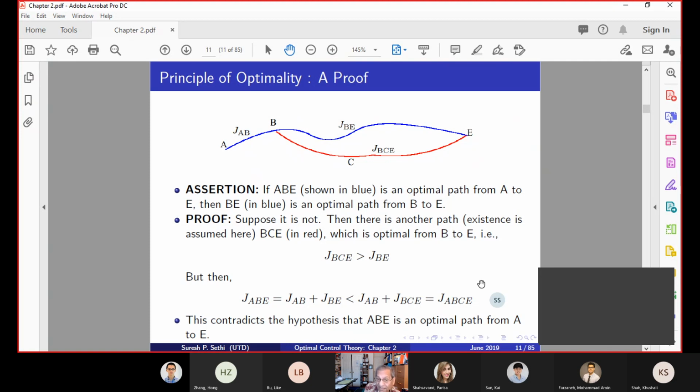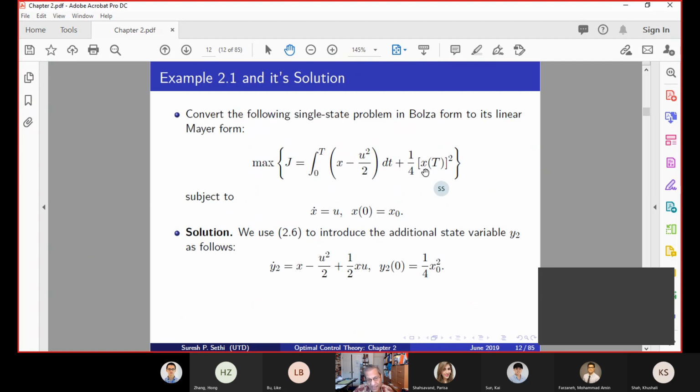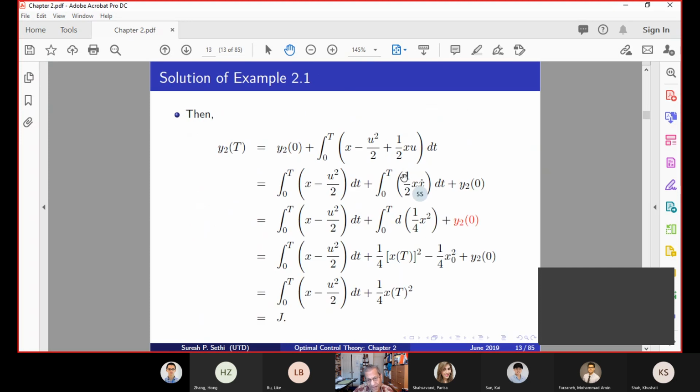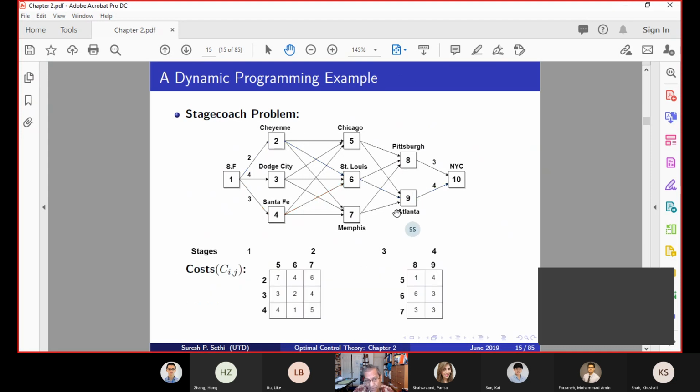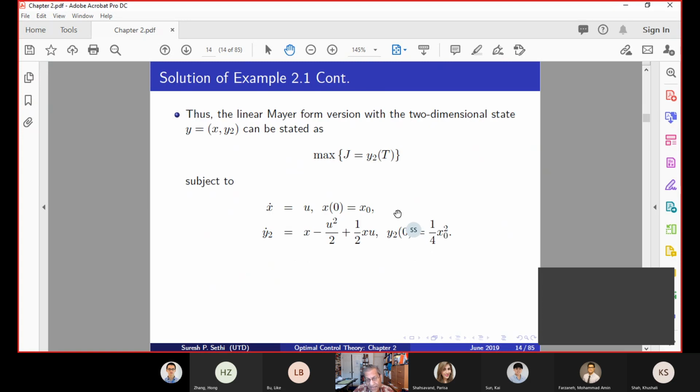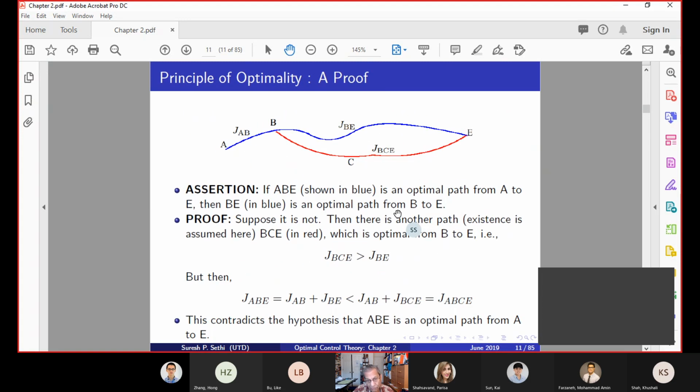But Bellman said that the remaining trajectory is optimal. So I'm going to give you the proof and leave you with that. And then after the proof, there are exercises for you. This exercise uses dynamic programming to solve a problem, so you get the idea of what dynamic programming does in a simple setting, and then we will use this to derive the maximum principle. So here is the proof.